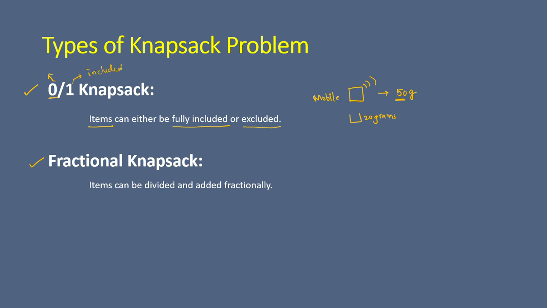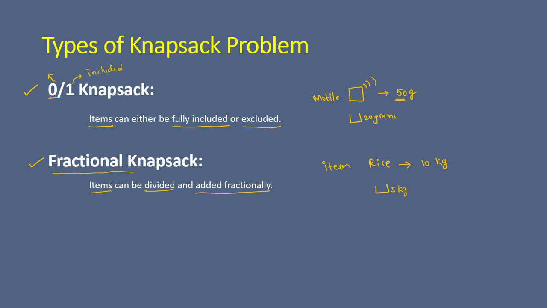Next is the fractional knapsack, in which the item you have chosen you can divide and add fractionally. Take another item, rice. For example, 10 kgs of rice is available inside a store, but you have a container which can hold only 5 kgs.